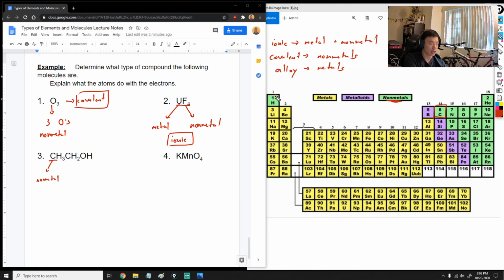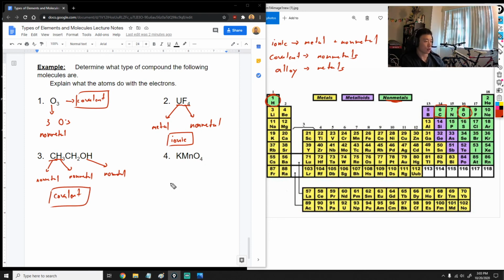If we look for H, H is also green, which means that H is also a non-metal. And then lastly, we have O, which is also in green, so O is also a non-metal, which means that all of the elements that make up this molecule are non-metal. So which one of the 3 would they be? Hopefully you said that it's covalent.